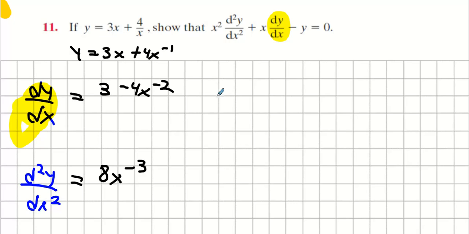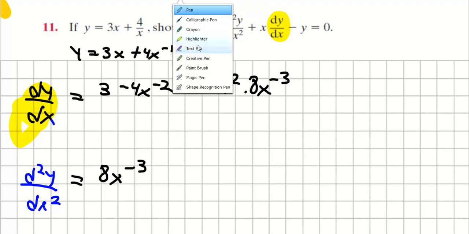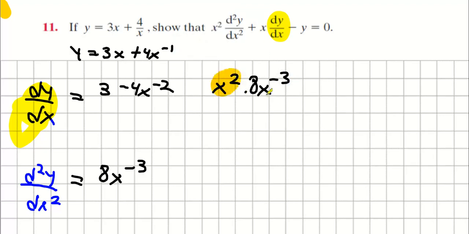You get x squared, and you multiply it by the second derivative, which is 8x^-3. Now, you can just add the indices together. So what happens when you add x^2 to x^-3? What should you get? 8x^-1, because it's 2 take away 3.